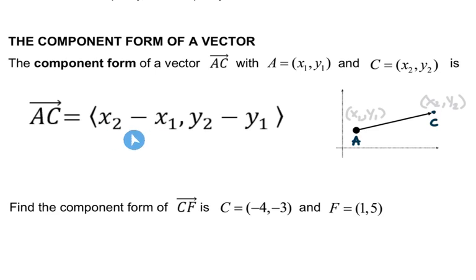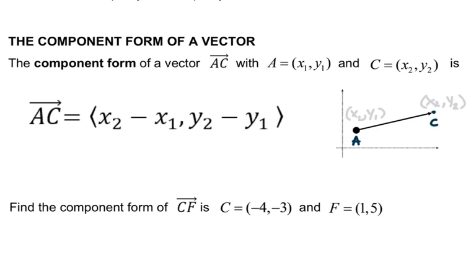The component form is found by just subtracting the x, the horizontal components, as well as the y components. So the component form is really the same notation as position form. It's just two different ways to think about it.